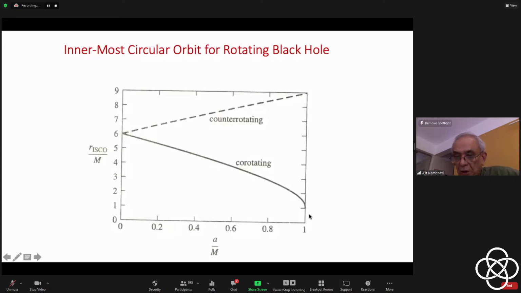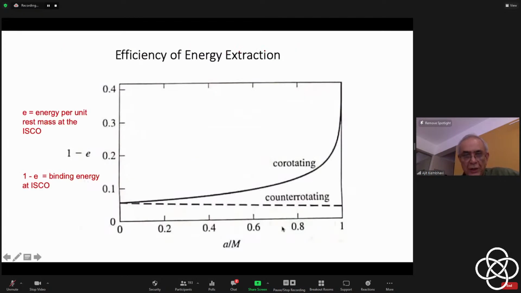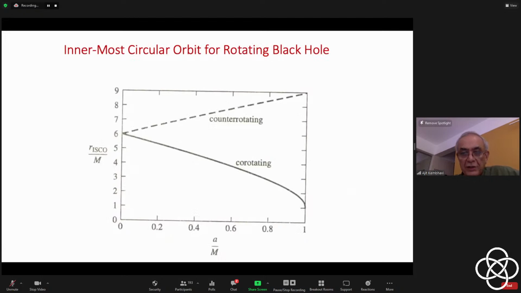Then when you come here, you will find that the radius of the ISCO is equal to 1.25 times the event horizon radius. So you will see that in the case of a rotating black hole, you can get much closer to the black hole and still have a stable rotating orbit.